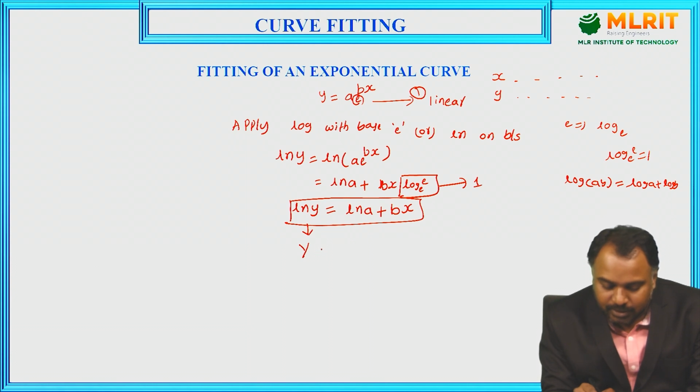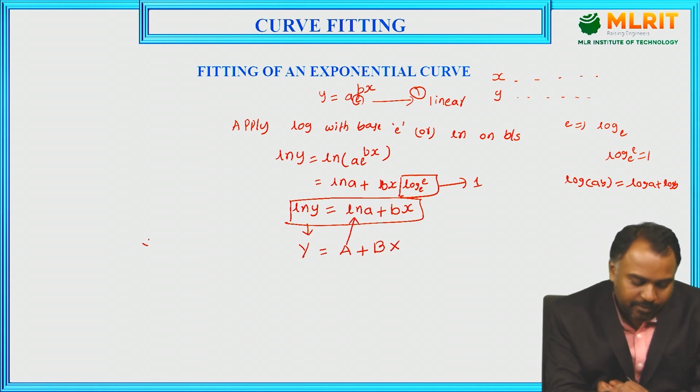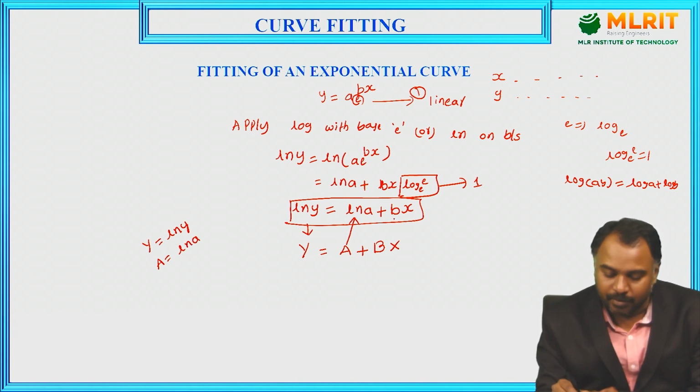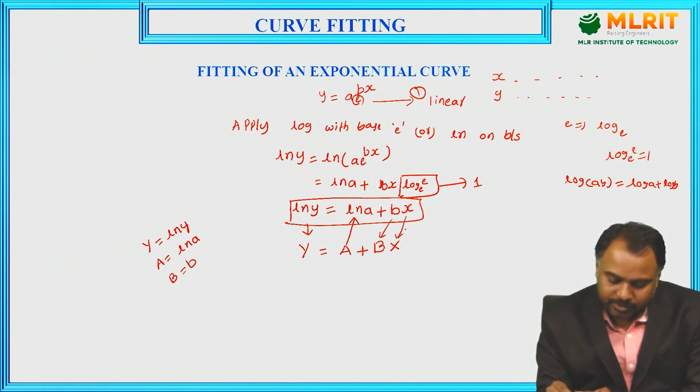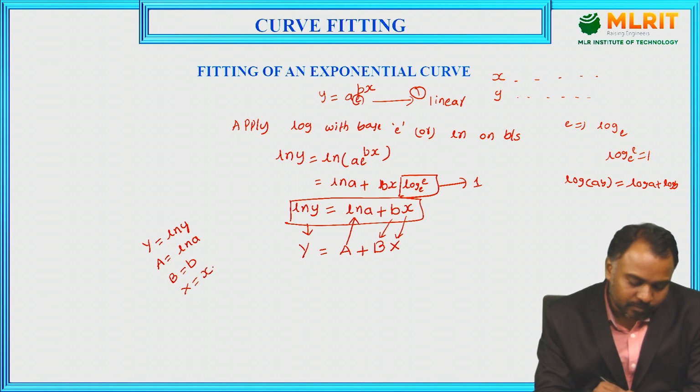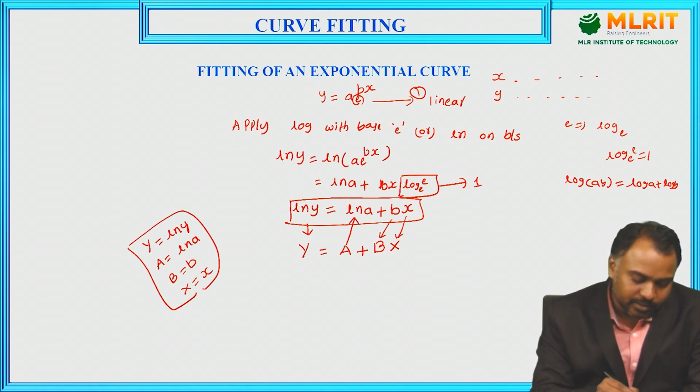I consider capital Y equal to capital A plus capital B X, where capital Y is equal to ln y, capital A is nothing but ln a, small b is the same as capital B with no change, and capital X is the same as small x. This is how we are transforming it.